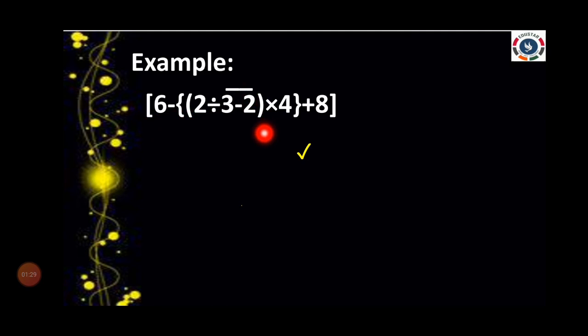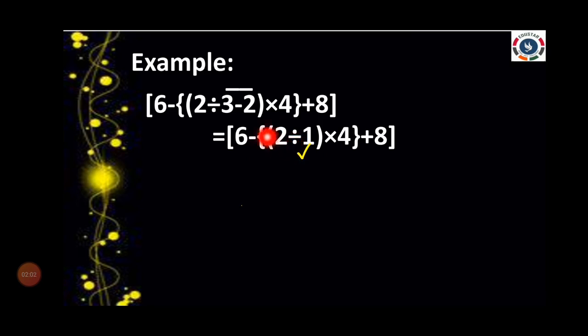So which bracket do we give the first preference? The vinculum, that is the line bracket. So first we want to solve the line bracket values. The remaining you have to write as it is, without fail. I mean you have to write all the brackets correctly. First write the square bracket, 6 minus, curly bracket, then round bracket, then 2 divided by.